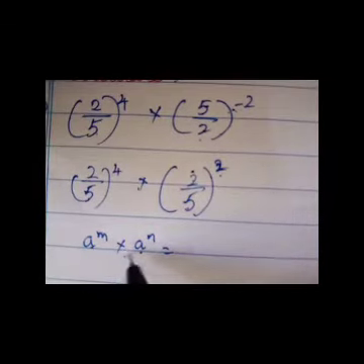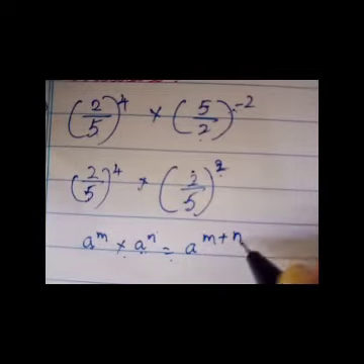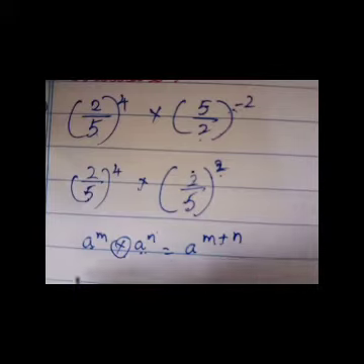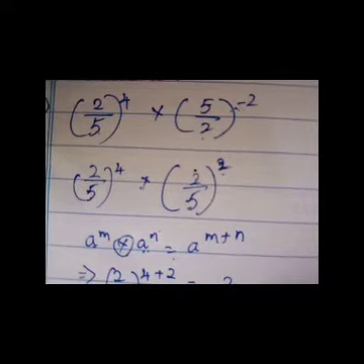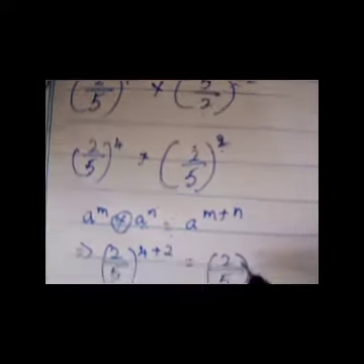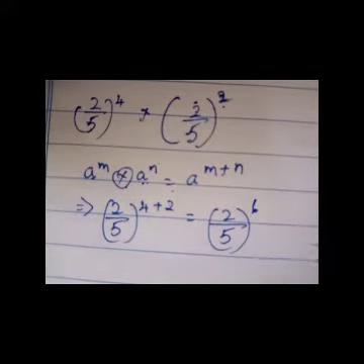So a power m into a power n is equal to a power m plus n. Multiplication means plus. Therefore 2 by 5 the whole power 4 plus 2, which is equal to 2 by 5 the whole power 6. 4 plus 2 is 6.